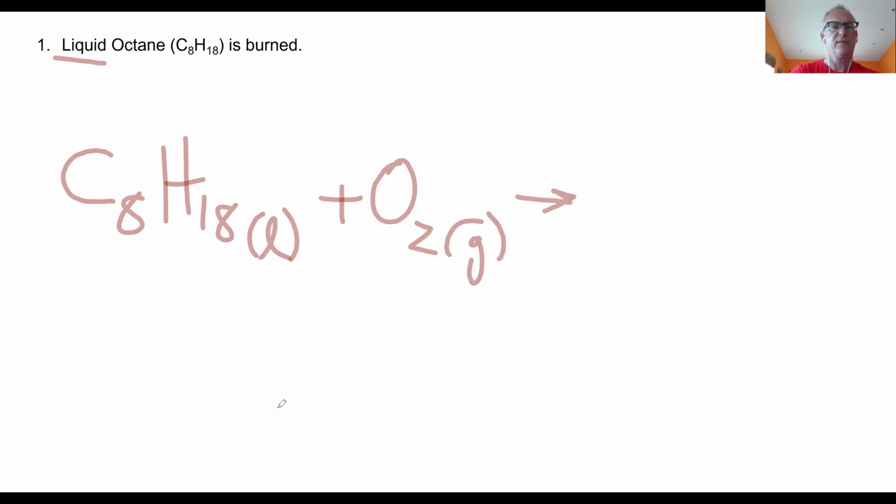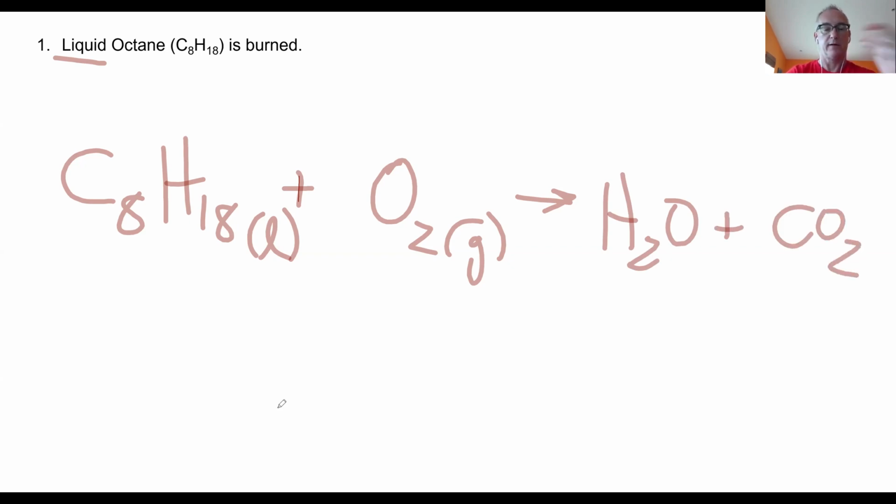So in a combustion reaction, what are our products? Water is one. And what's the other one? Carbon dioxide. Excellent. I'm going to have to move that arrow a little bit to make room.